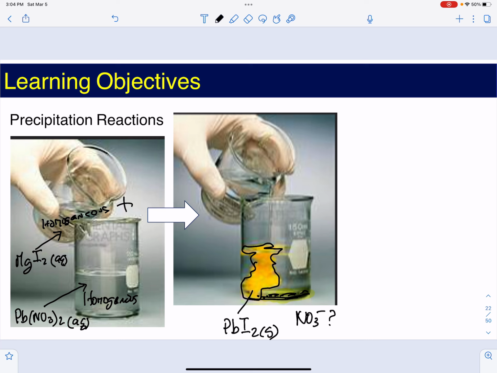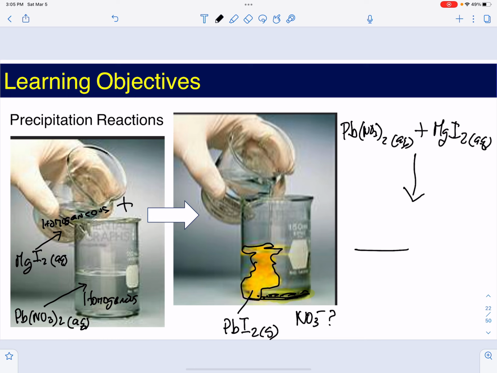So how are we going to do this? Well, if I have lead(II) nitrate, which is a solution, which is aqueous, and I combine it with magnesium iodide, which is also aqueous, what are we going to get? That's the question.